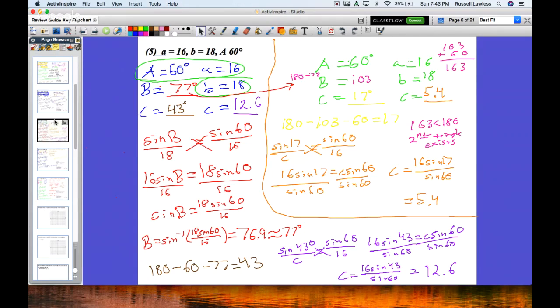We found the red angle of 77 by using the law of sine. And so I did 180 minus 77, which gave me 103 degrees. When I combine that with my original angle of 60 degrees, I get 163, which is less than 180. And because it's less than 180, the second triangle exists, and then we have to completely solve the triangle.